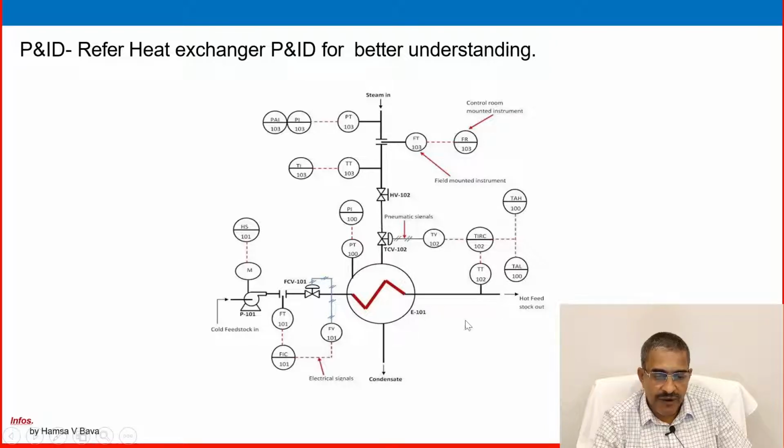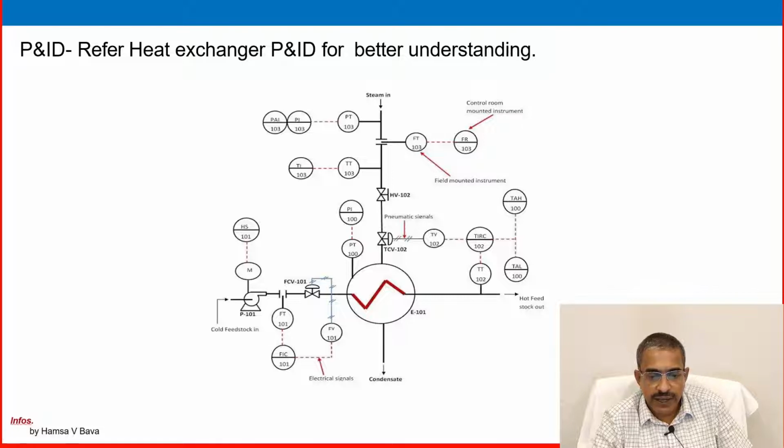Our aim is this product, the hot feed, and this product temperature we are controlling here. The temperature transmitter is there, and there is a controller, an old type, temperature indicator recorder controller, TIRC, a little bit old P&ID. Nowadays in the new PLC system it will be written TIC, temperature indicator controller.